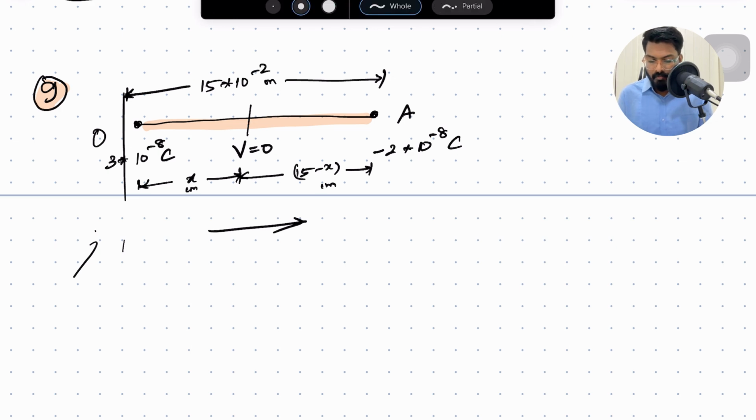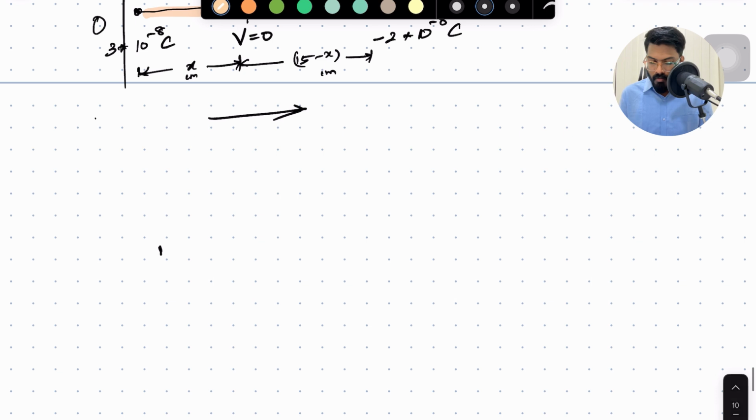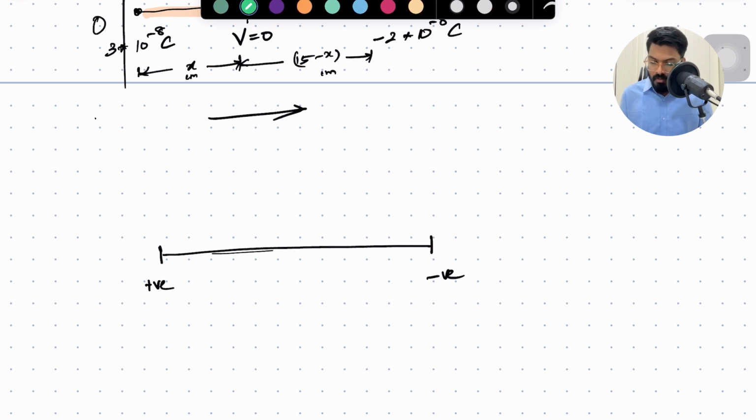So this is the setup we have. There is a positive charge and a negative charge. The negative charge intensity is coming like this, the positive charge intensity is coming like that.